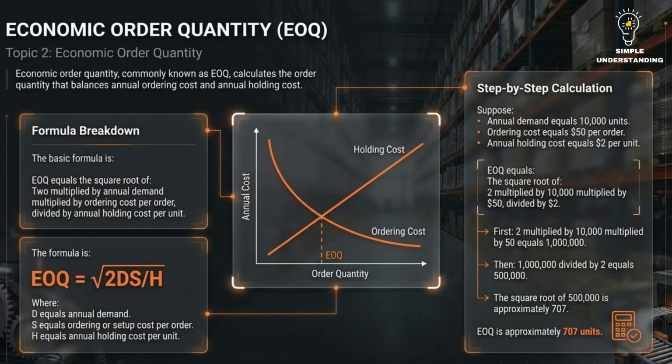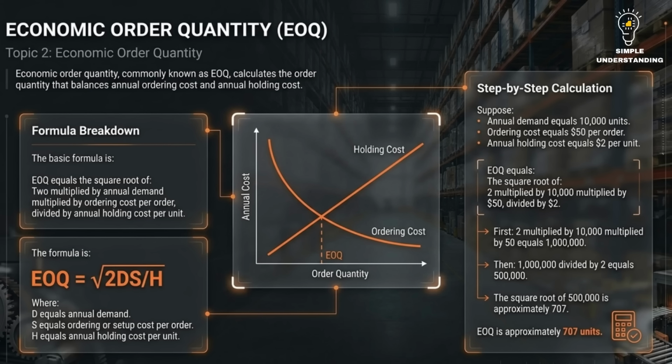Suppose annual demand equals 10,000 units, ordering cost equals $50 per order, and annual holding cost equals $2 per unit. EOQ equals the square root of 2 multiplied by 10,000 multiplied by 50, divided by 2. First, 2 multiplied by 10,000 multiplied by 50 equals 1 million.